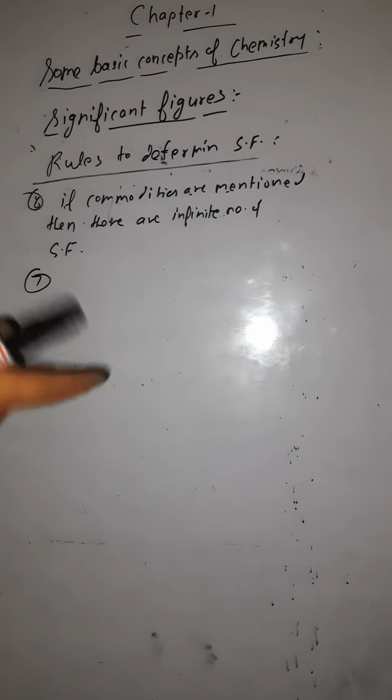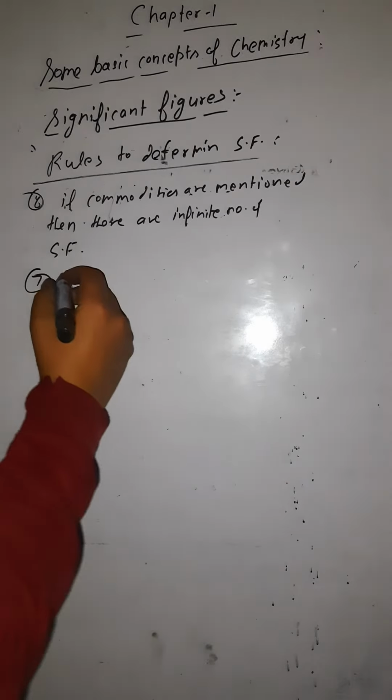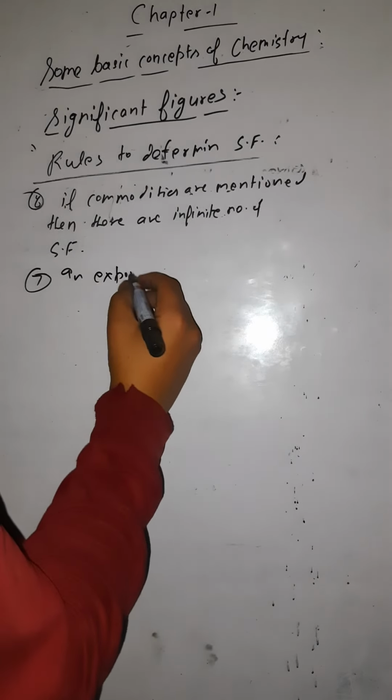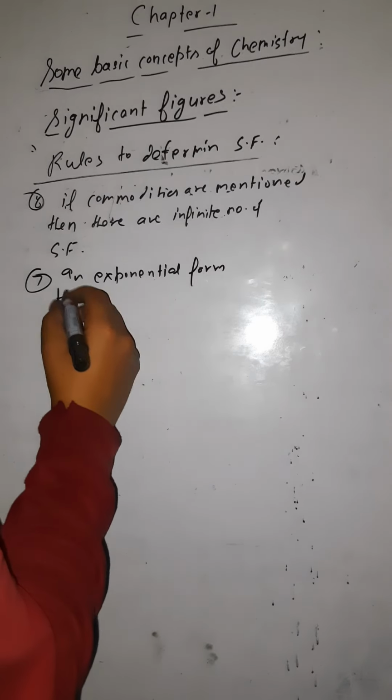Infinite. Now the next rule: if something has been given in exponential form, you do not count the power. The power would not be included as a significant figure in exponential form.